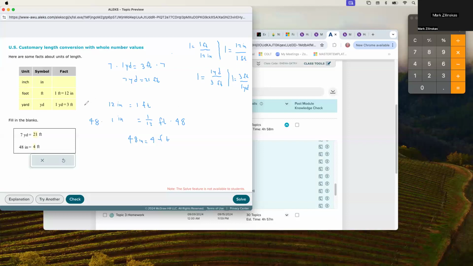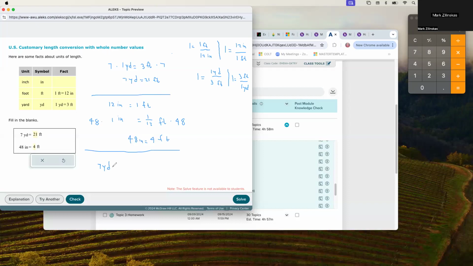And what I'll do here now is I'll go and I'll look at this one here. And if I have 7 yards, right, and I want to transfer that to feet, I want to know what 7 yards is. So I'm going to kind of separate these just so it doesn't get too confusing. 7 yards, right?